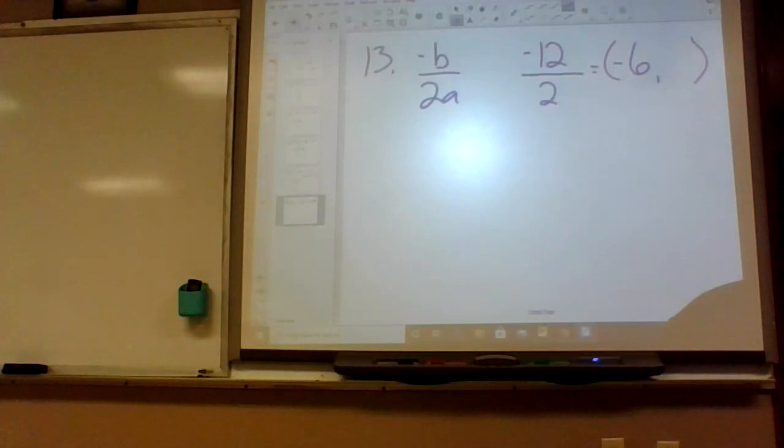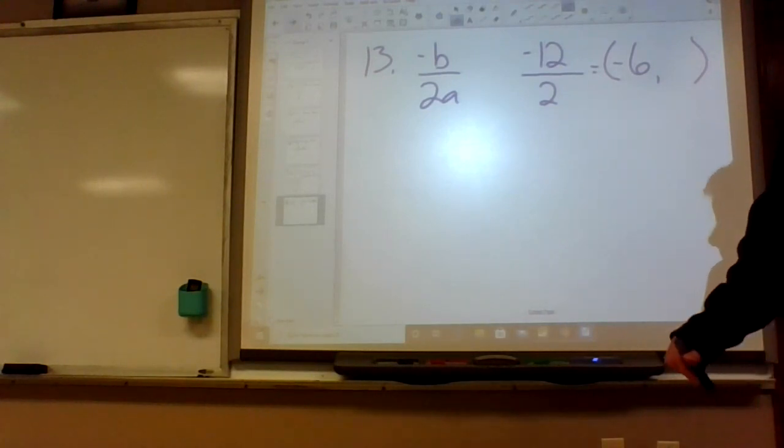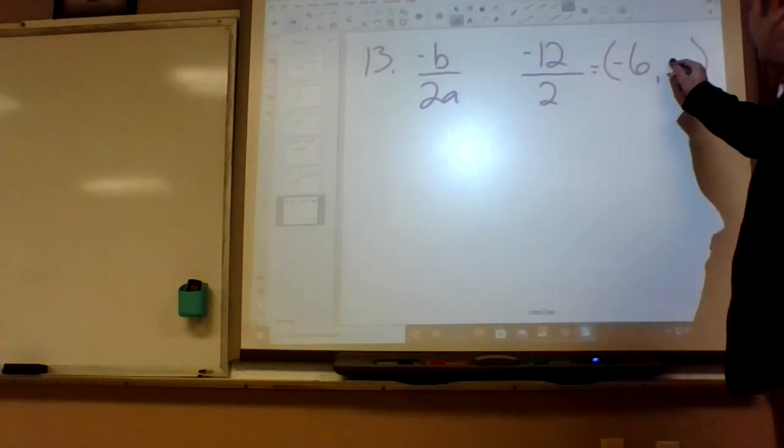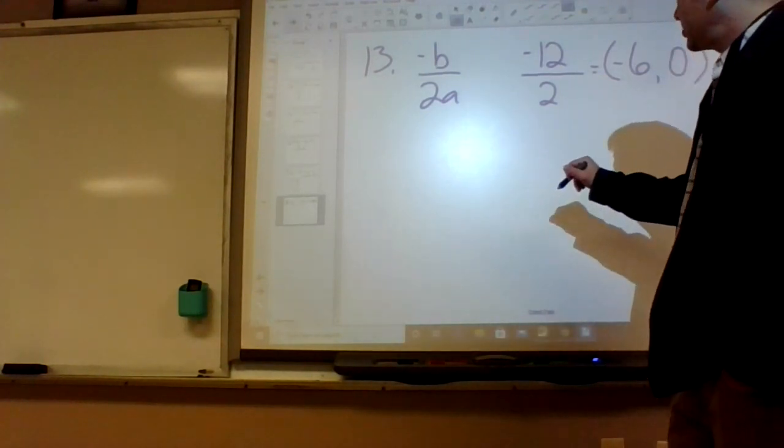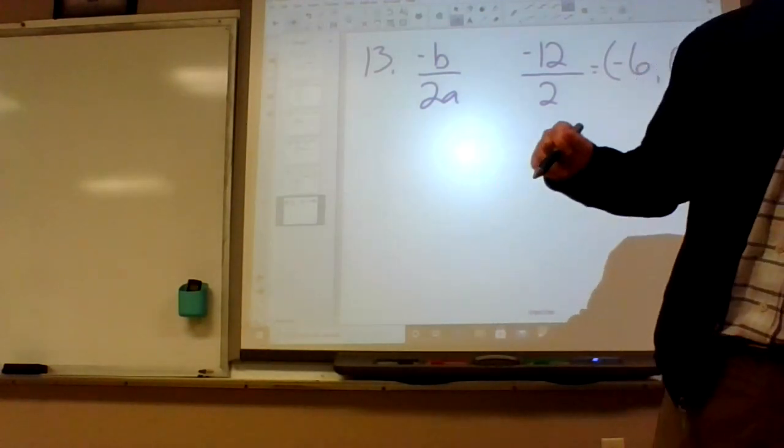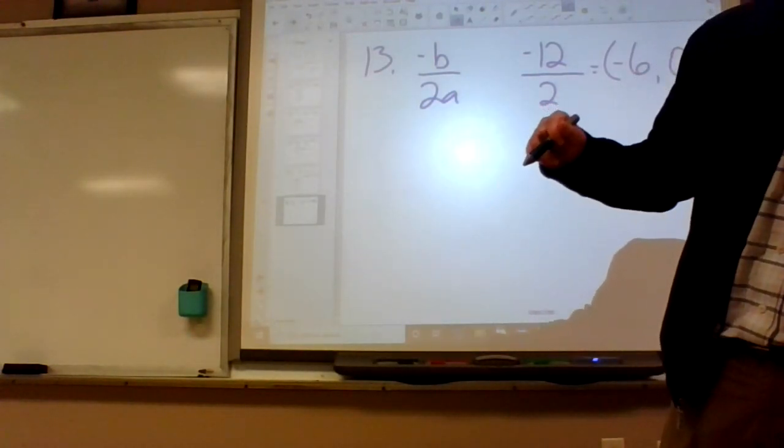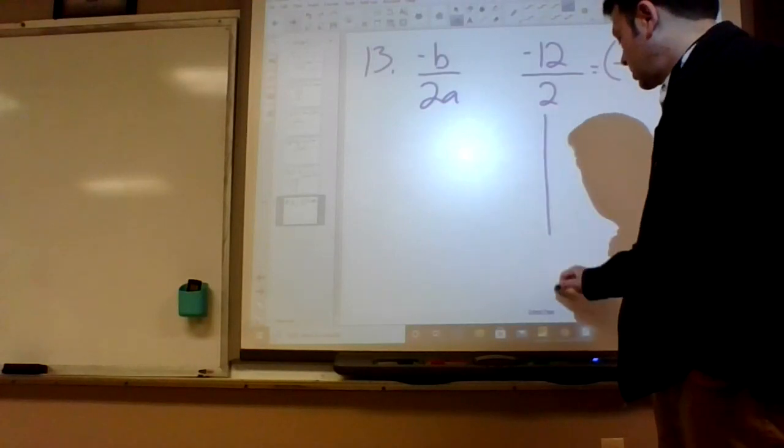So I'm plugging in -6, and I get 36 minus 72 plus 36 is 0. Now this one's way out to the left. Is it going to go up or down? It's gonna go up.